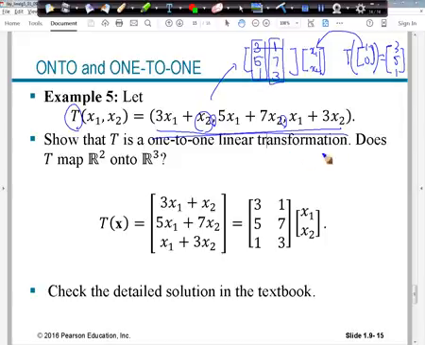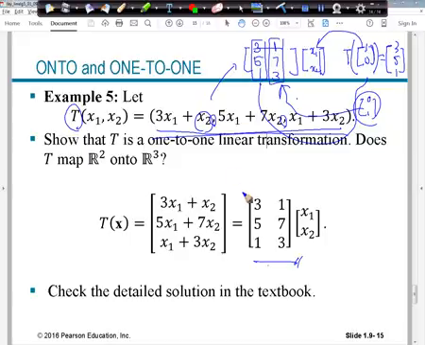Because from this kind of standard matrix, the first column of our matrix should be the output of 1, 0. And the output of 0, 1 is the same as this column, right? Yeah, we got the answer here.